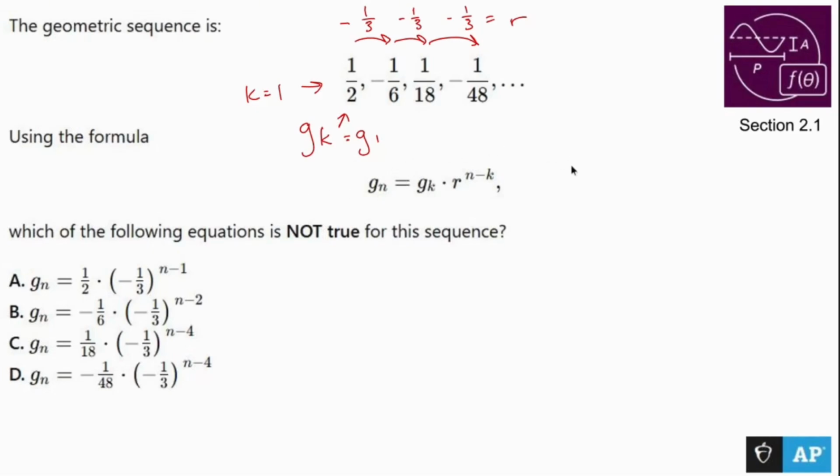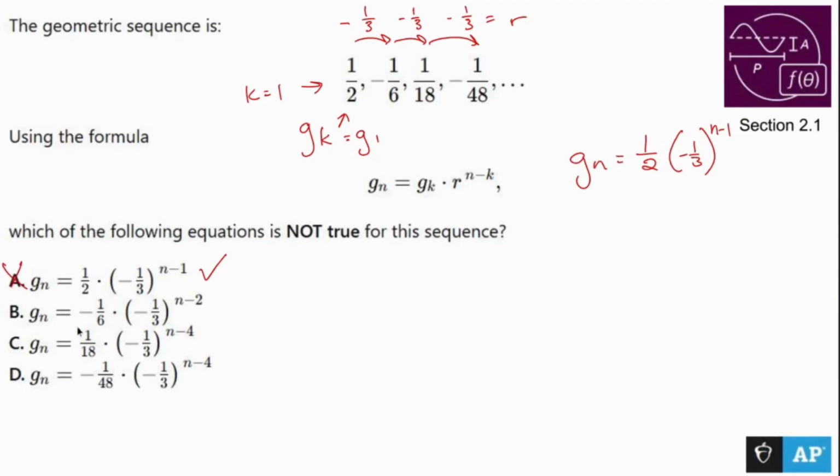So g sub n is going to equal g sub k, which we found out to be a half, times the quantity r, so that's negative 1/3, to the n minus 1 in this case. Okay, so you're good so far, which means we're not going to circle you.